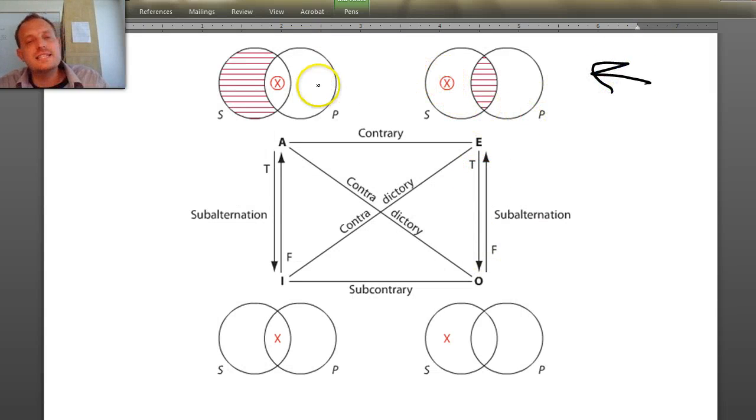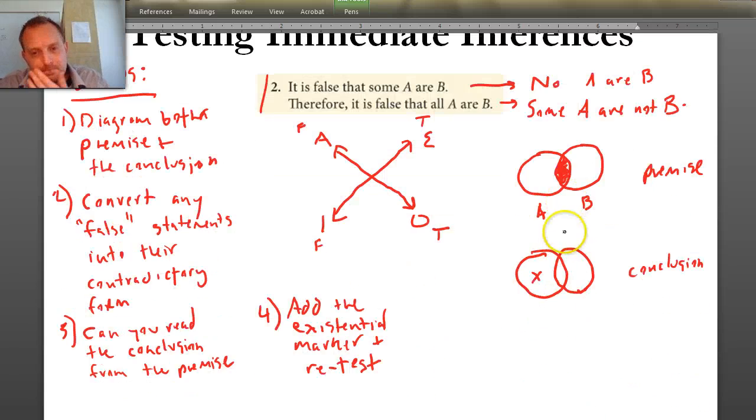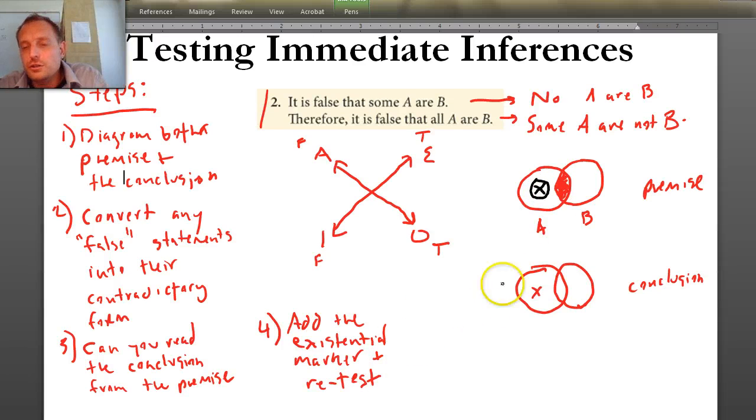Because it's meant to say that we're assuming that the universal claim here makes a claim of existence. So you never ever put an existential marker in a particular claim here down at the bottom. It's only at the top. So you can see here, that means if I'm going to add the existential marker, I have to put the X with the circle around it right here. Put my little X-Men symbol there. Now I retest. Can I read the conclusion from the premise?